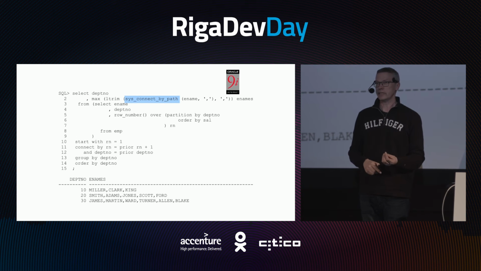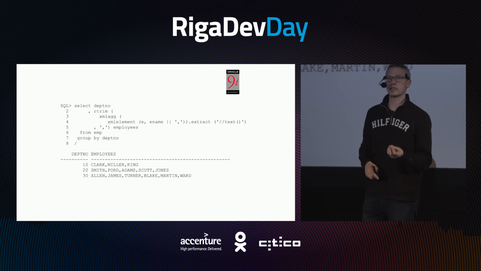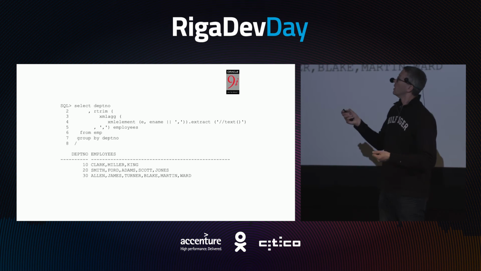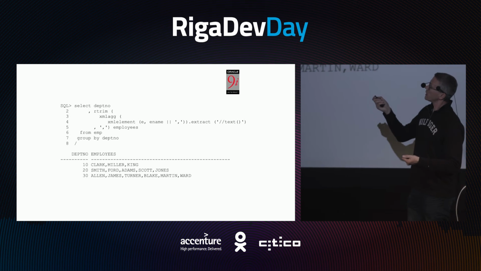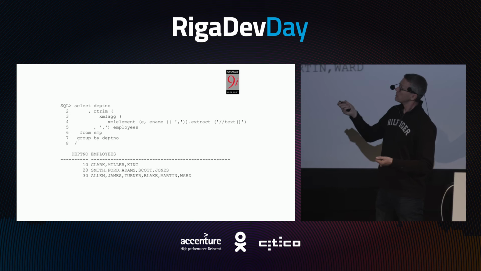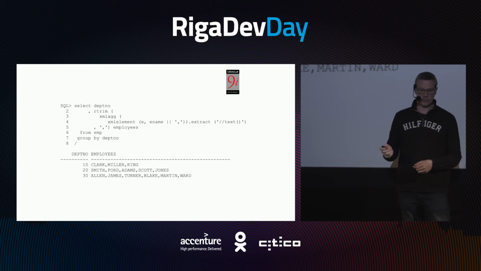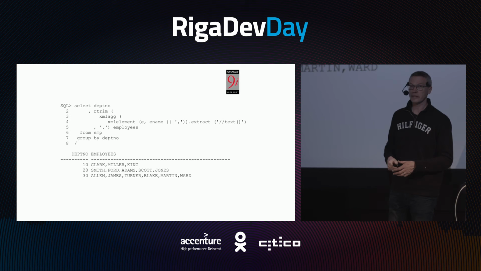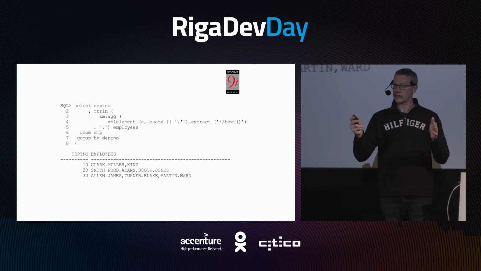On 9, there was another way of doing it, and that was by exploiting XML features. Create an XML element, create an aggregate of that, concatenate in the comma, get rid of the last comma after you extracted the text, and then you get your comma delimited string.